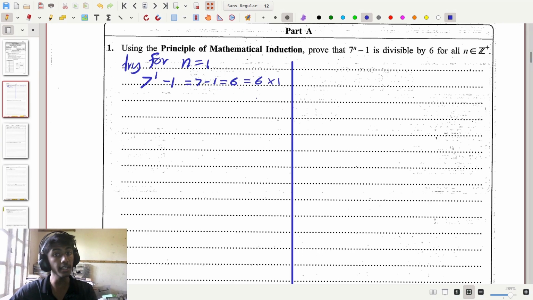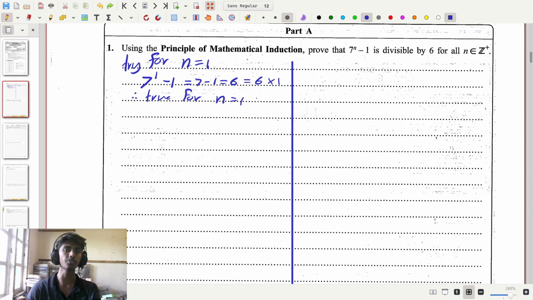So now it is clear that our answer is 6 times some integer, which means it is divisible for n equals 1, and therefore we can say, true for n equals 1. So for n equals 1, 7^n minus 1 is divisible by 6.